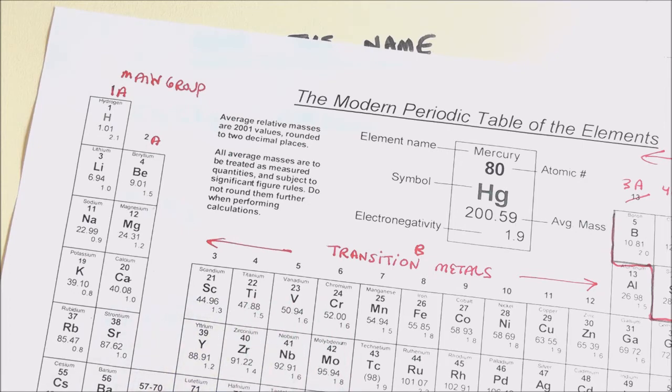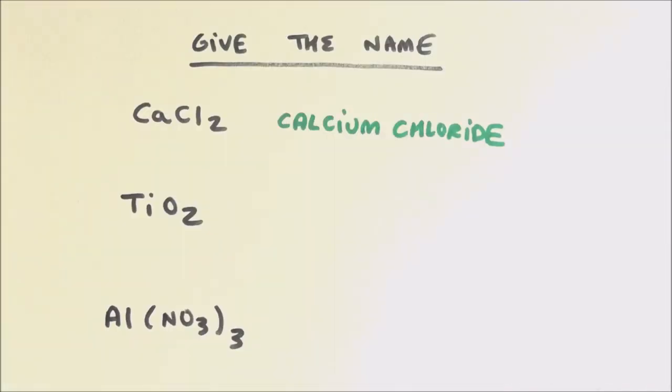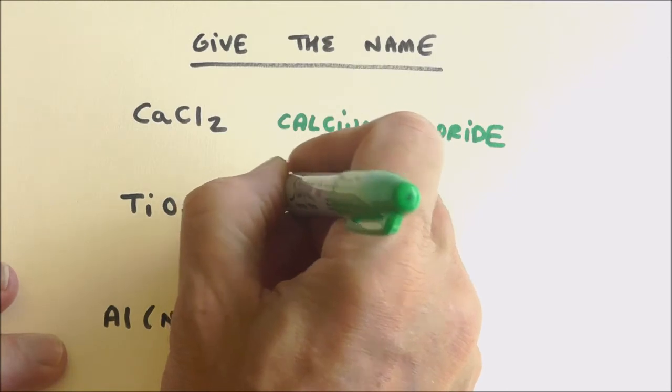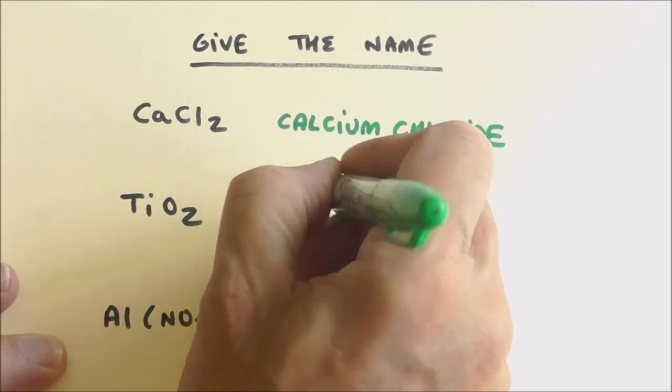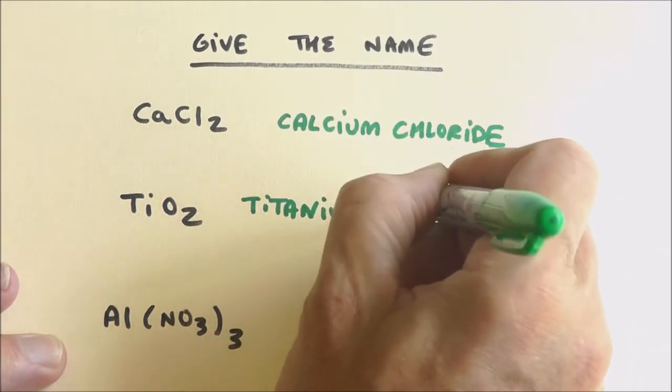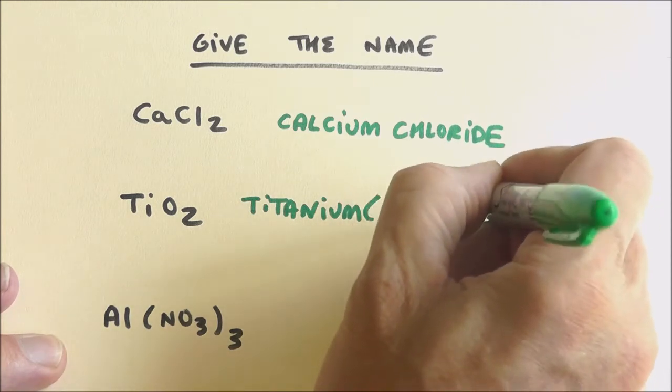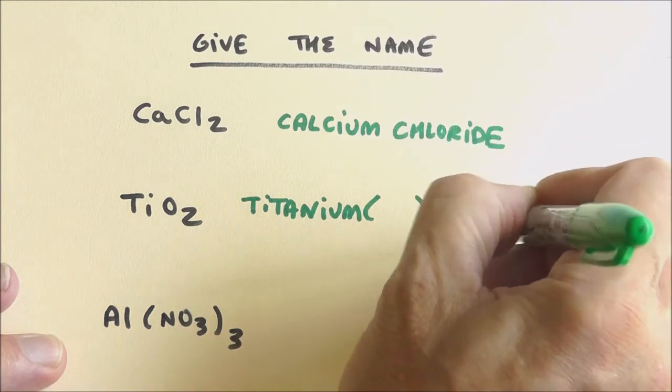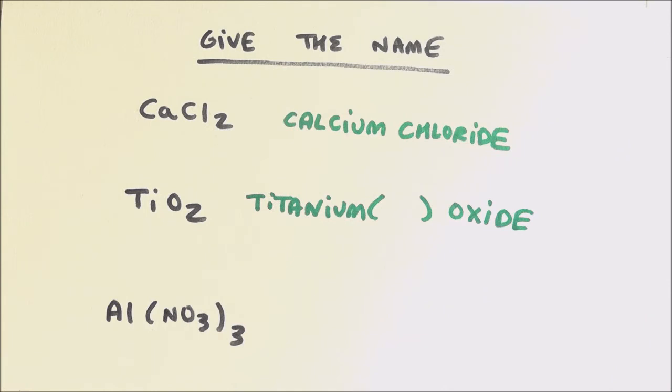So now you have to indicate the charge. I'm going to say it's titanium oxide, but I'm going to put parentheses in there. Inside the parentheses is going to go the charge of the titanium, so you have to figure it out.